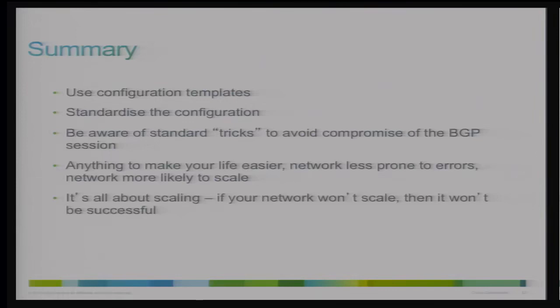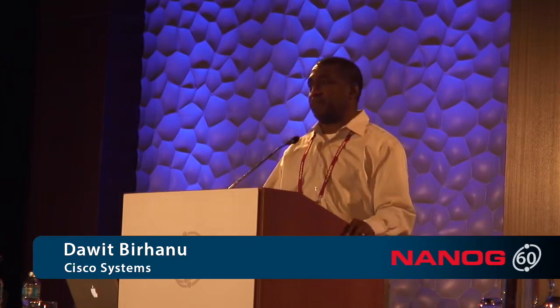And use anything that makes your life easier, which is basically the configuration templates and using communities. Those are very important to scale from a configuration perspective and from a troubleshooting perspective. BGP is all about scaling, particularly when you have a large number of routers.